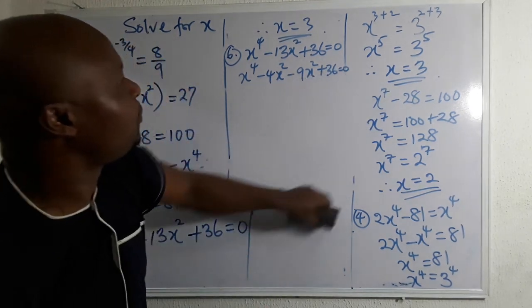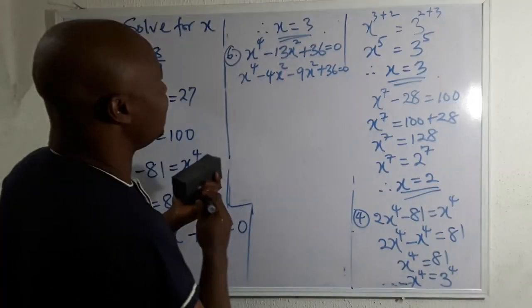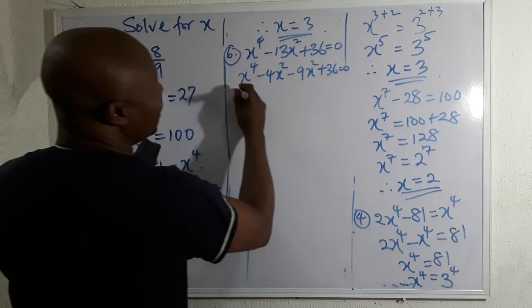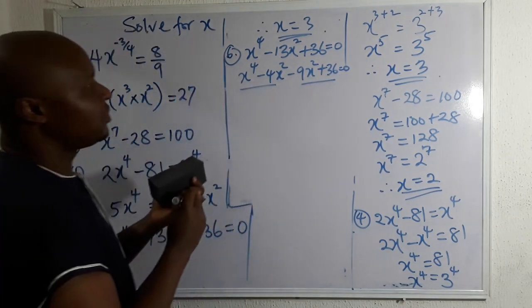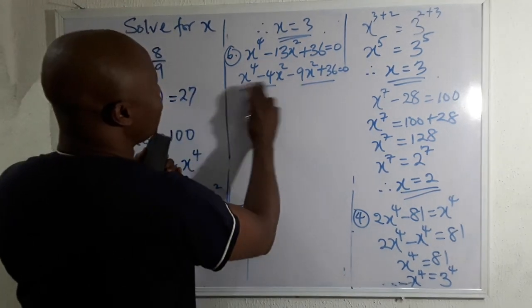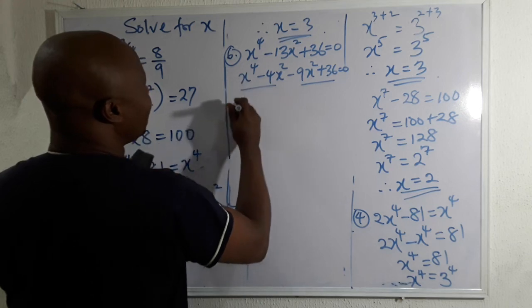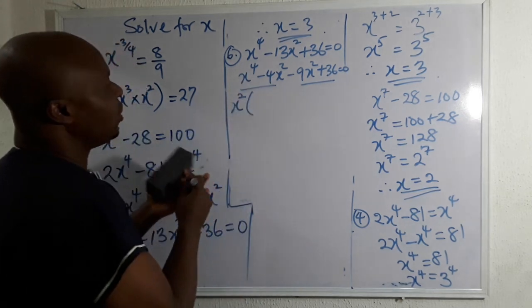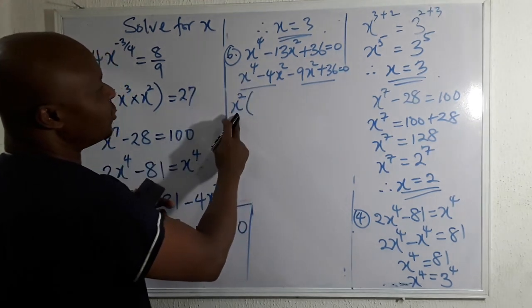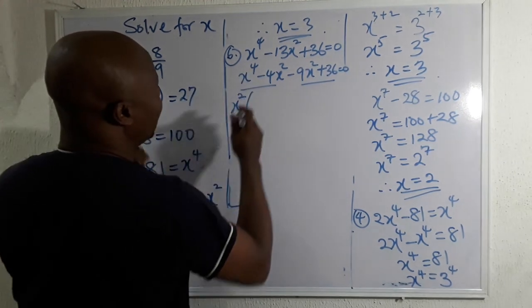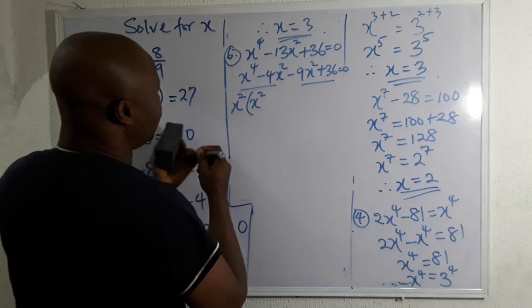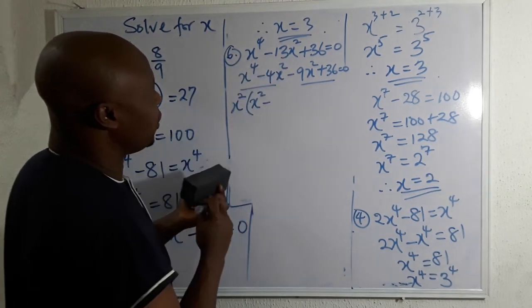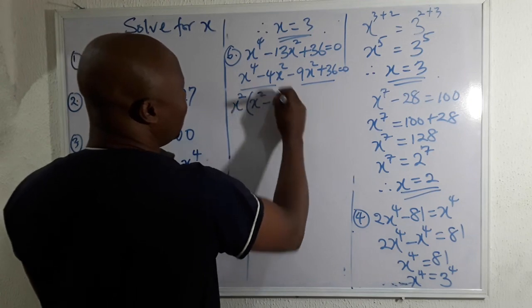So now, what we'll do next is to factorize. Take the first two terms. What is common between this and this term is x raised to power 2. So x raised to power 4 divided by x raised to power 2 gives x raised to power 2, minus, 4x squared divided by x squared, we'll be left with 4.